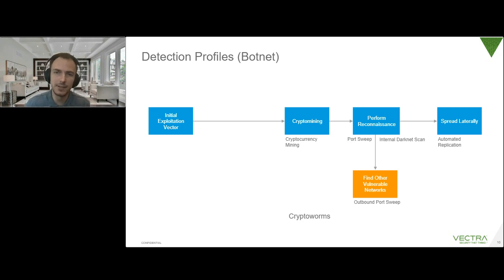And then once it finds systems that it believes are vulnerable, or at least could be, automated replication as it sends the same payload to those destinations, right? So this is very indicative to us of botnet-like behavior. Even without the cryptocurrency mining, this fast spread is very akin to what we see with a lot of worms and additional botnets.